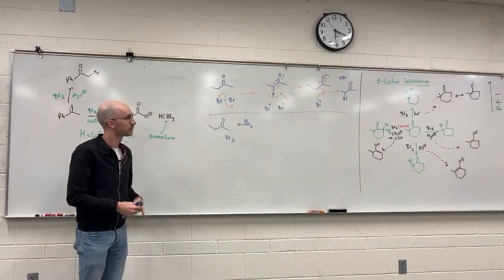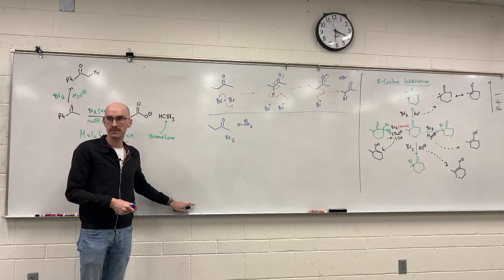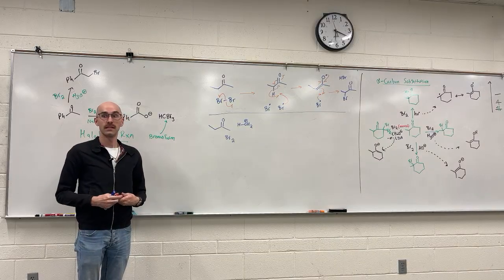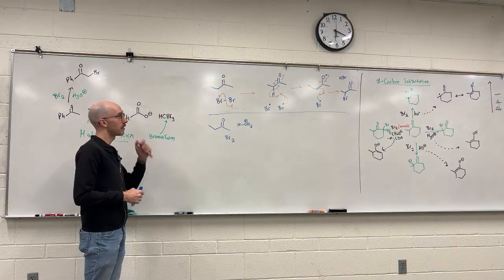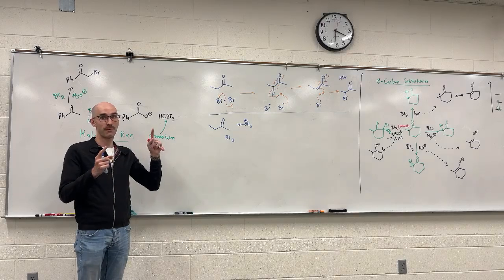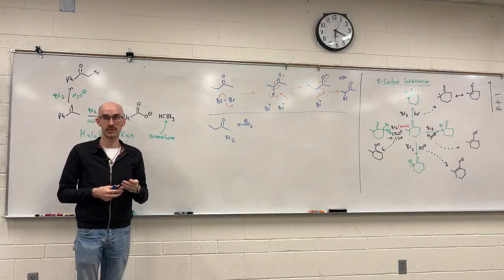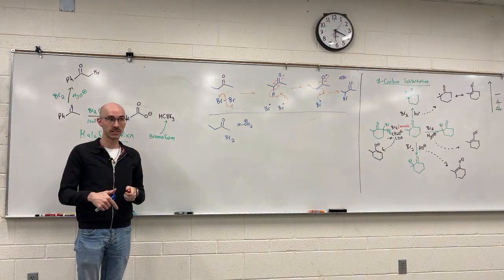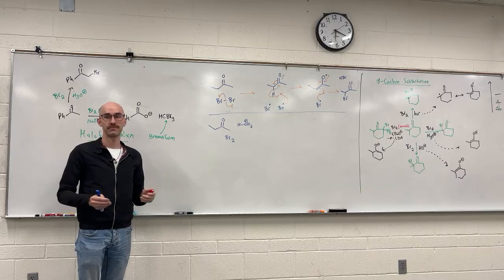That's right. Because technically there's 2 alpha carbons. But it goes to the more substituted because that radical forms on the more substituted carbon. Because a more substituted radical is more stable.